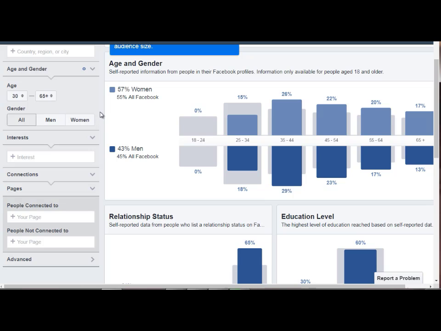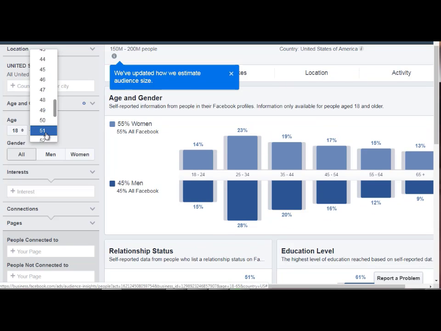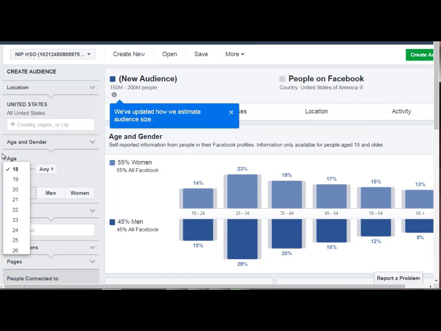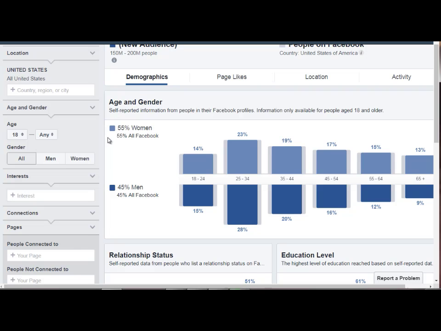Now, what I usually like to do is start with the smallest amount, so 18 to any, and all. Because I don't want to assume that I know who the demographic is, unless I have had previous sales and a lot of the sales were just male, or a lot of the sales were just female. So bear in mind your niche, you know your niche better.